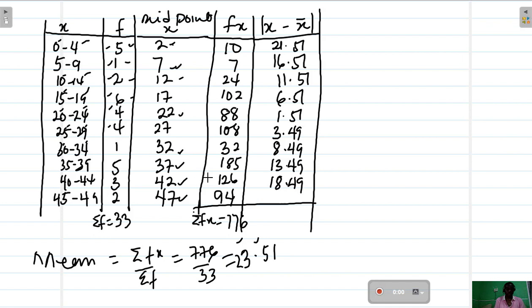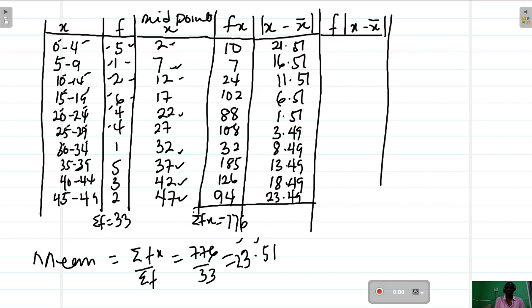Then 47 minus 23.51, we also get 23.49. Then the last one is to find frequency times the absolute value of x minus x bar. So frequency times the results we have done here.